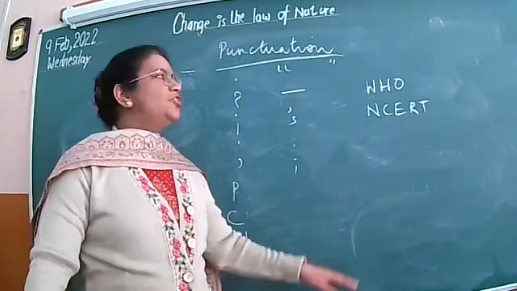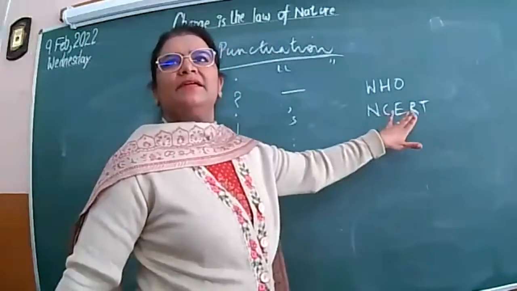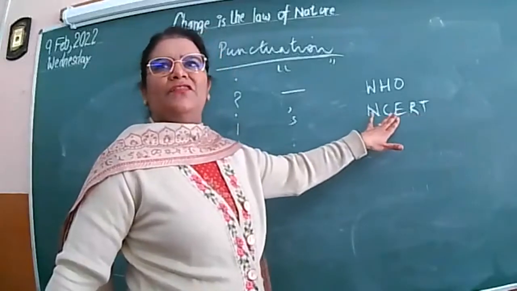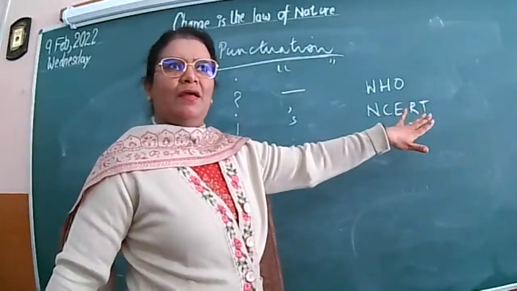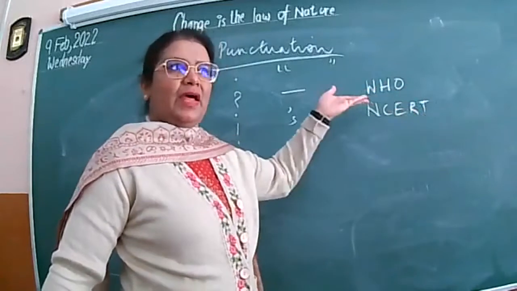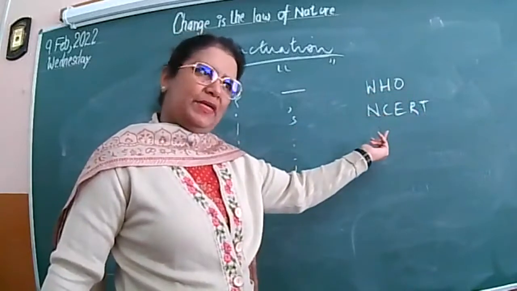An acronym is a short form made by using the first letters. Like this is National Council of Educational Research and Training. But we don't say that again and again. We say NCERT, right? We know what WHO is. So that is an acronym. So it is capitals, isn't it?